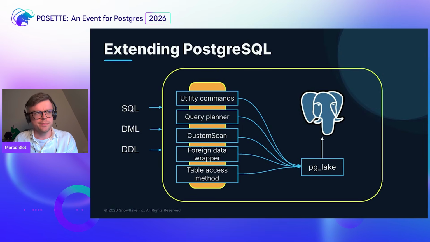So we can intercept alter table commands on Iceberg tables or queries on Iceberg tables. And then, for example, when we get a query that only includes Iceberg tables, very often we can delegate that query into DuckDB, which makes it very fast. But we really use a combination of many different types of hooks in Postgres to create this very seamless experience.